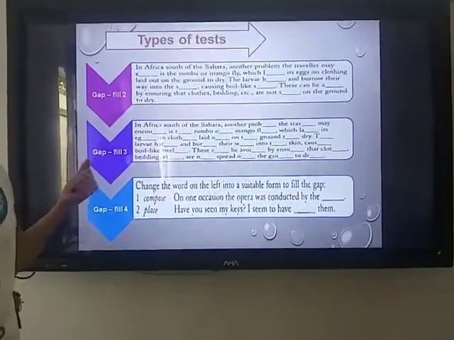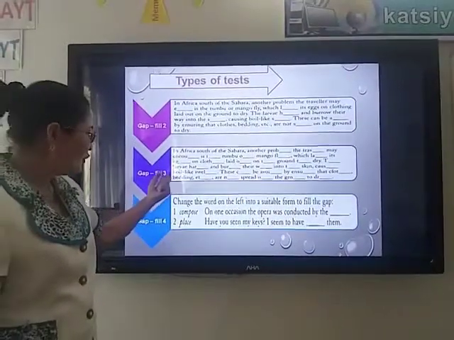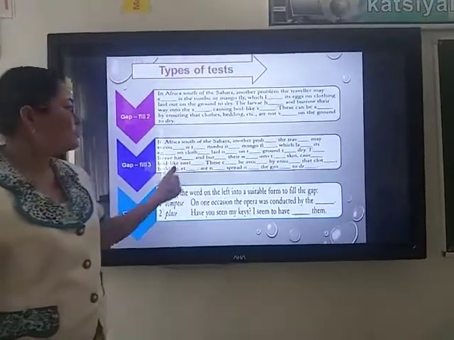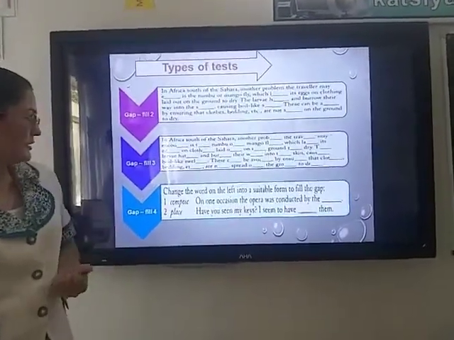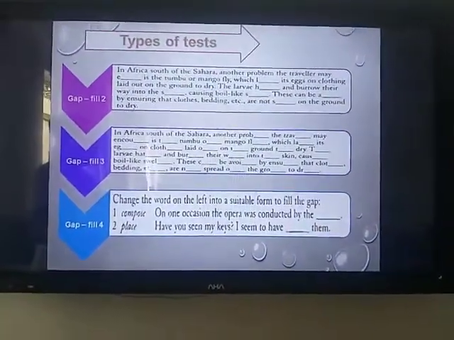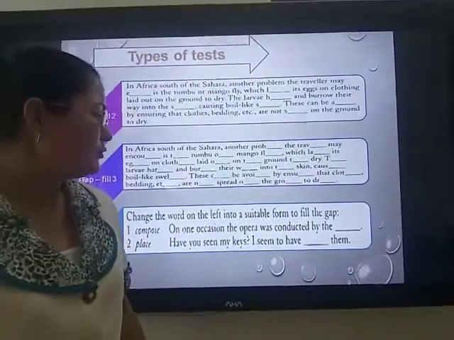Gap filling, the third type. In the third type, we can also give the first part of the word and remove the second part. It's also helpful for students to guess the word. The fourth type of gap filling: change the word on the left into a suitable form to fill the gap.